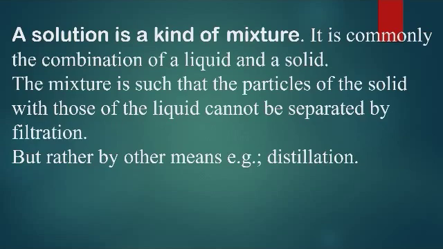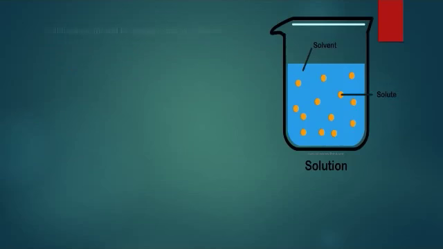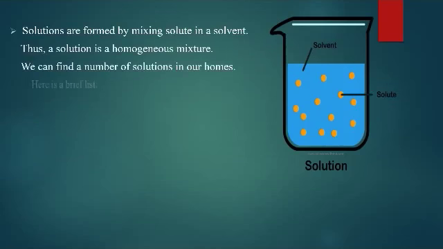Can you give me an example of a liquid and a solid that come together and cannot be separated by filtration? Think about one. So solutions are formed by mixing solutes in a solvent.